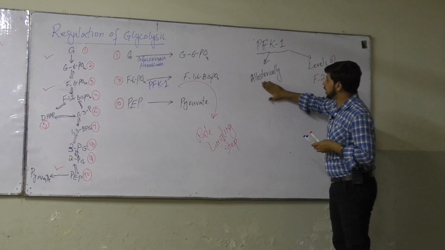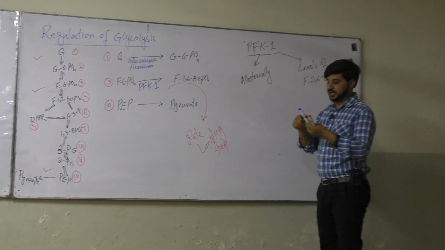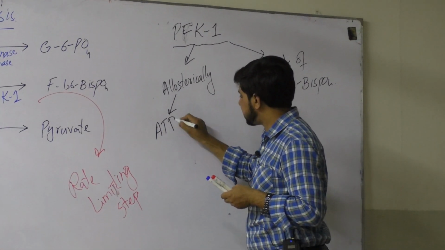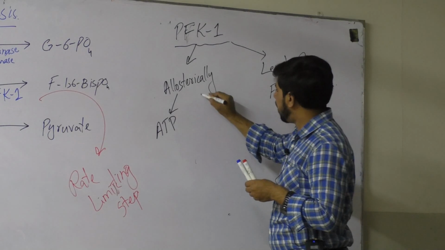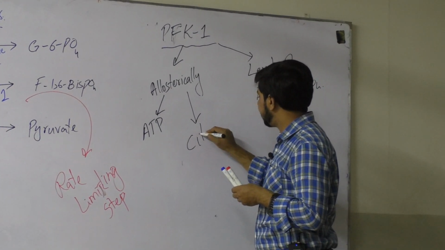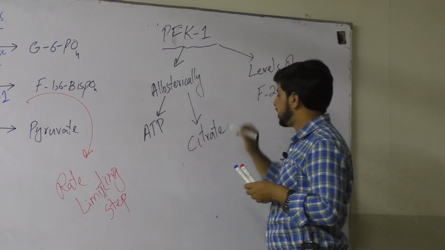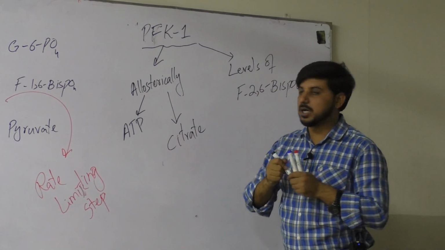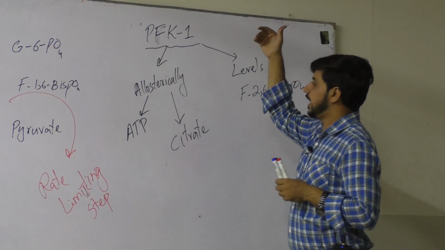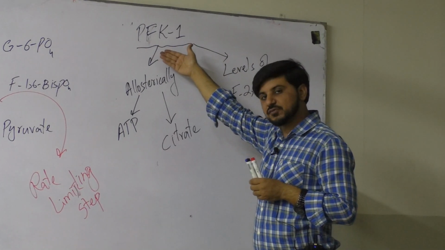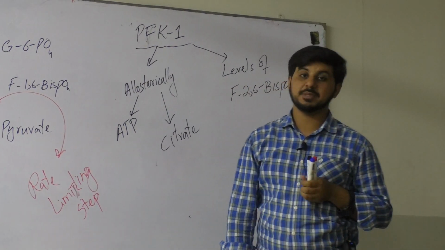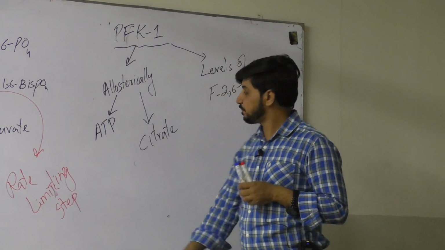And over here, it is regulated either by the levels of ATP or by the levels of citrate. These two compounds are responsible for either upregulation or downregulation of phosphofructokinase 1. But now the question is how?